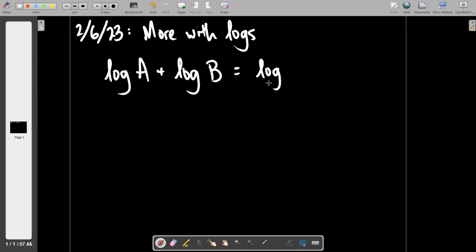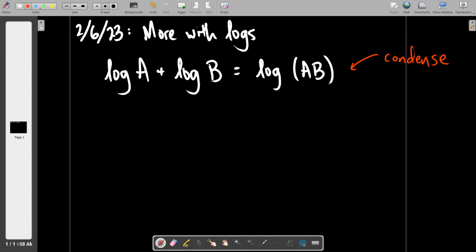So if you have a log of A plus a log of B, you can condense it into the log of one thing, A times B. That's going to be a property that gets us through a lot of math problems. You probably need to know this word, condense, so that we can use it when we talk. You're condensing two logarithms into one.